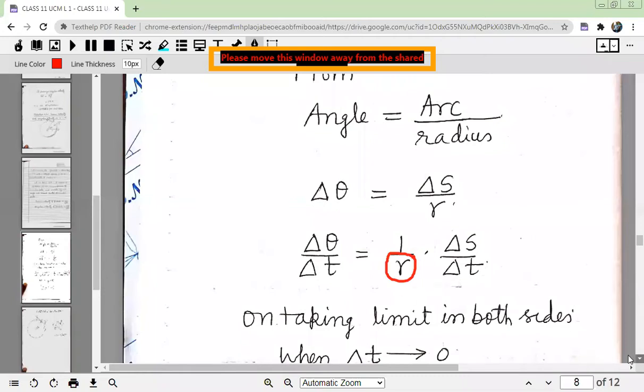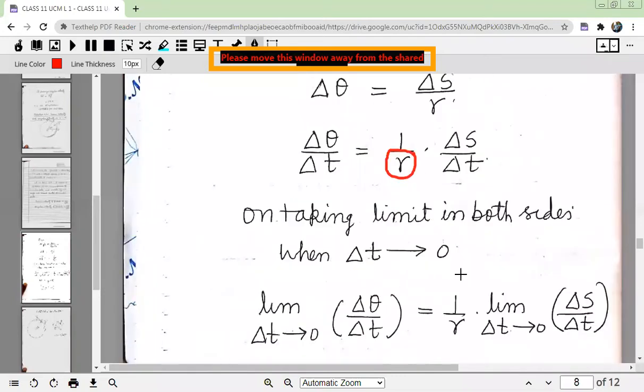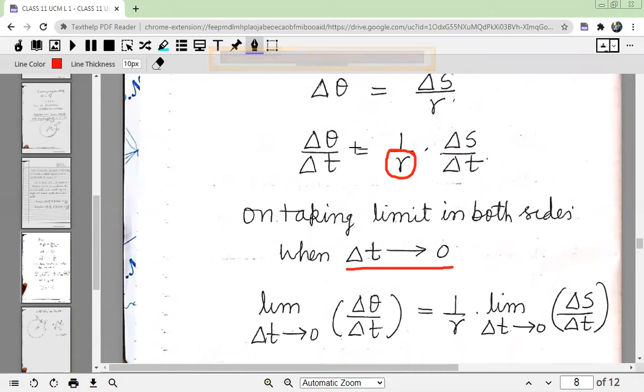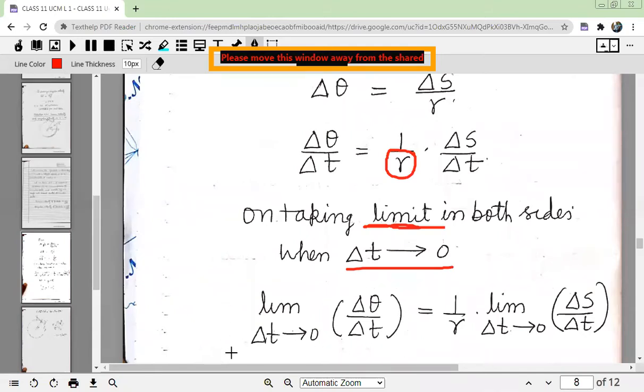So if we take a time interval which is infinitesimally small, when delta t is tending to 0, we are taking the limiting value. We write it mathematically: limit delta t tending to 0, delta theta upon delta t.